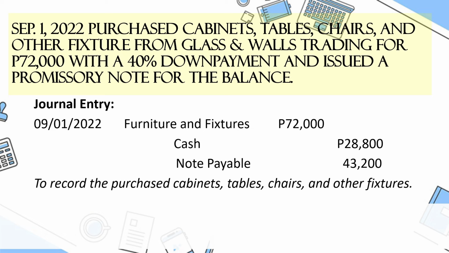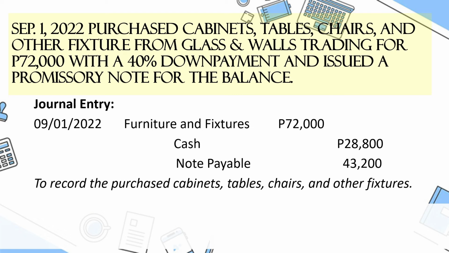So if sa situation naka-specify siya nga naay promissory note, then we will use notes payable. But if wala naka-specify nga naay note, nakabutang ra diri is the balance is on account, then that is accounts payable. So to get the 28,800 and the 43,200 amounts, here is the calculation.